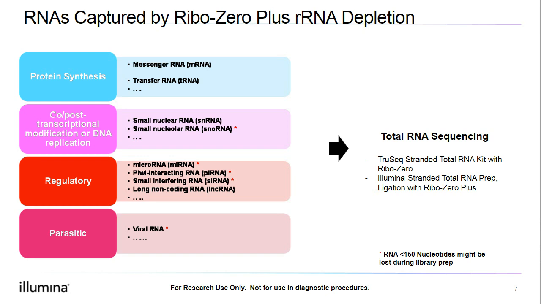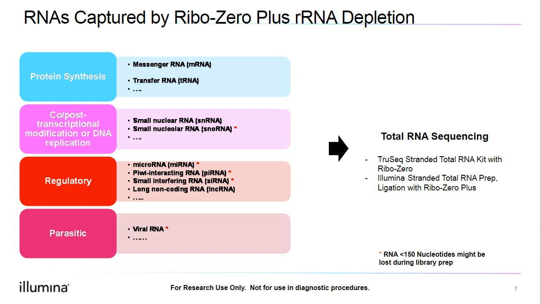So in this method, to exclude the abundant rRNA transcripts, we can use the Ribo-Zero or Ribo-Zero Plus rRNA depletion kit, which will deplete rRNA from our RNA samples. We will then capture the remaining RNA, which will include mRNA and non-coding RNA. The kits available with this method are our TruSeq Stranded Total RNA Kit with Ribo-Zero and the Illumina Stranded Total RNA Kit bundled with Ribo-Zero Plus.